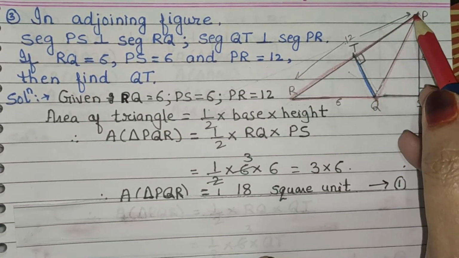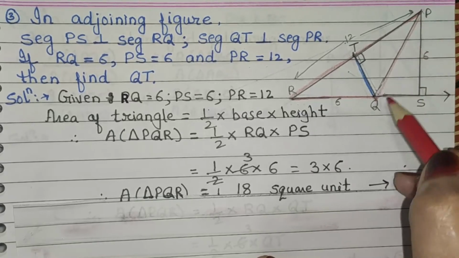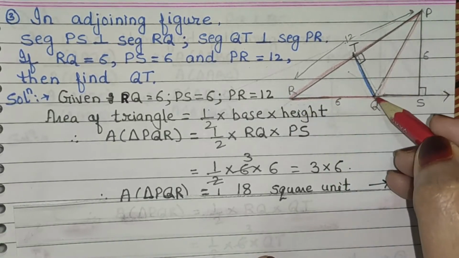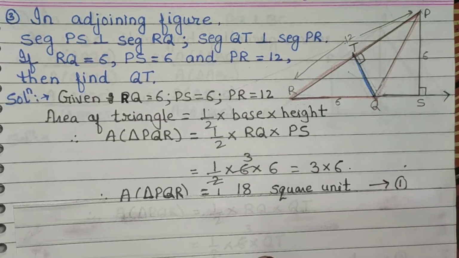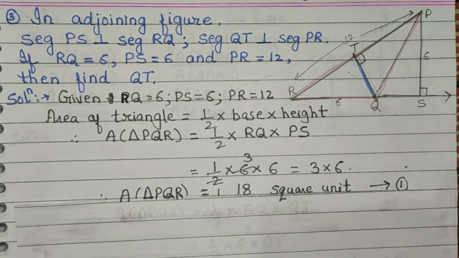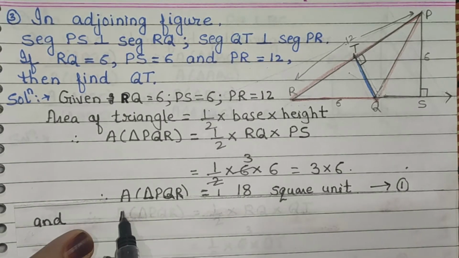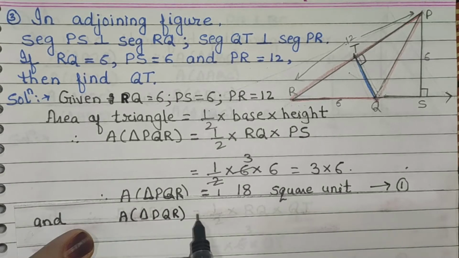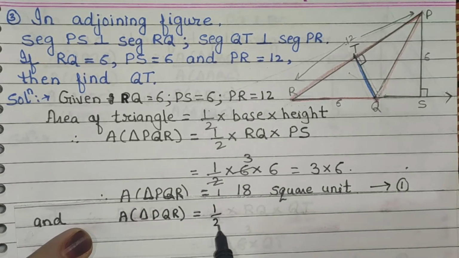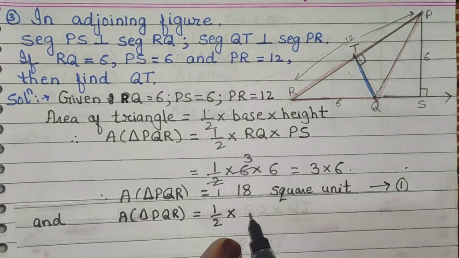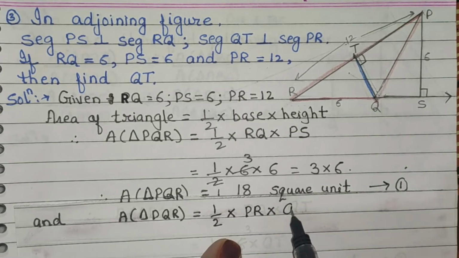Now look at the triangle PRQ or PQR. The base is PR and the height is QT. Therefore, we can write here the area of triangle PQR is equal to, applying the formula, half into base, the base here is PR, into height, and the height is QT.